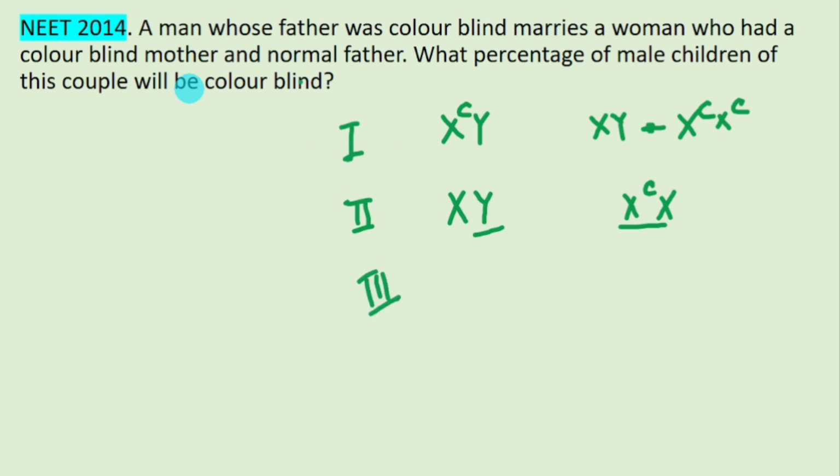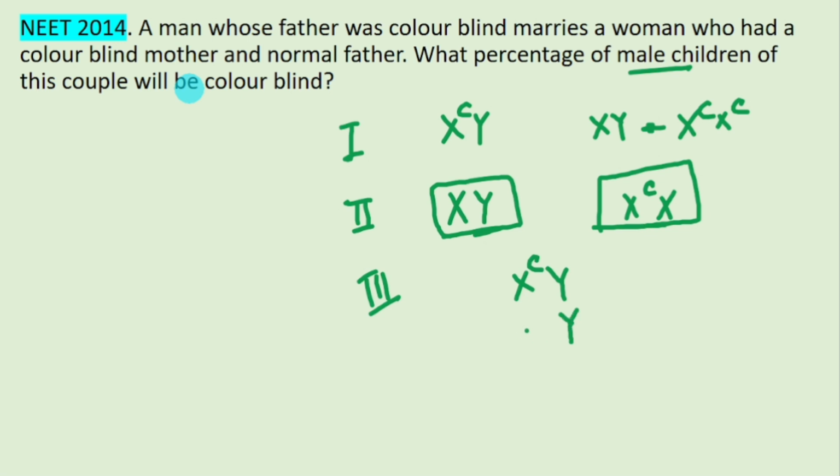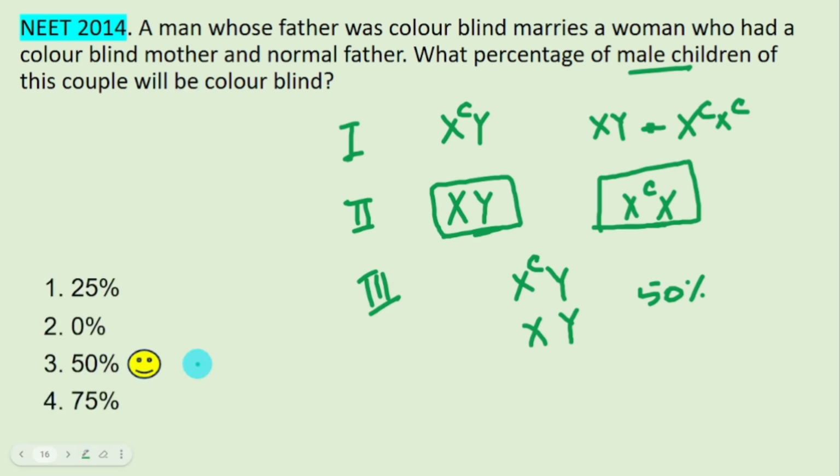The challenge of this question is how you arrive at the genotype of the current couple. So we have to find out the percentage of male children being colorblind. Male will receive the Y chromosome from here. So again, the answer is a 50% chance. Option 3 is the answer.